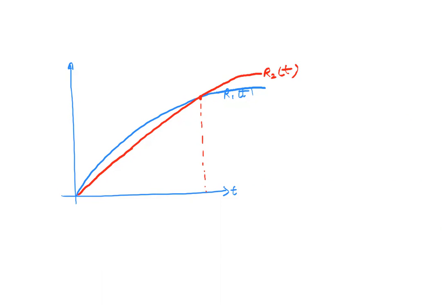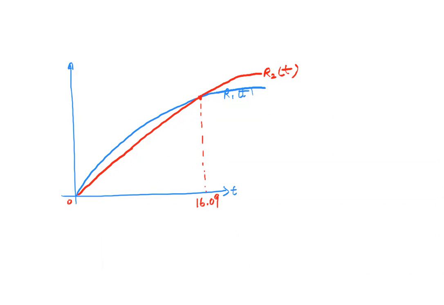6.31. The intersection point 1 is 0. There are 2 intersection points. One is here. Can someone tell me the intersection point? 16.09. Yeah, 16.09. I mean, after 16 minutes, the situation changes.